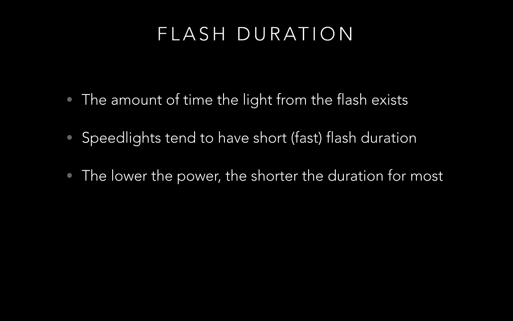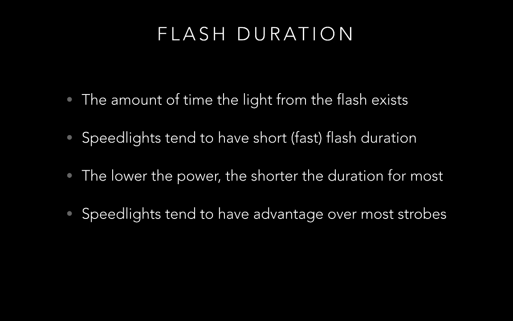In fact, I think for all of them. For example, I think at full power, the Yongnuo 560 has about a 1/300th of a second. If you go down to 1/16th of a power, that flash duration only lasts for 1/8000th of a second. So speedlights do tend to have an advantage over most strobes.